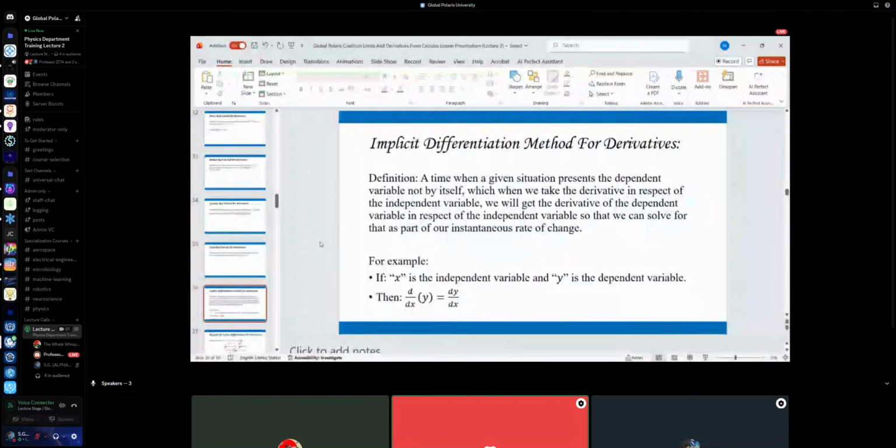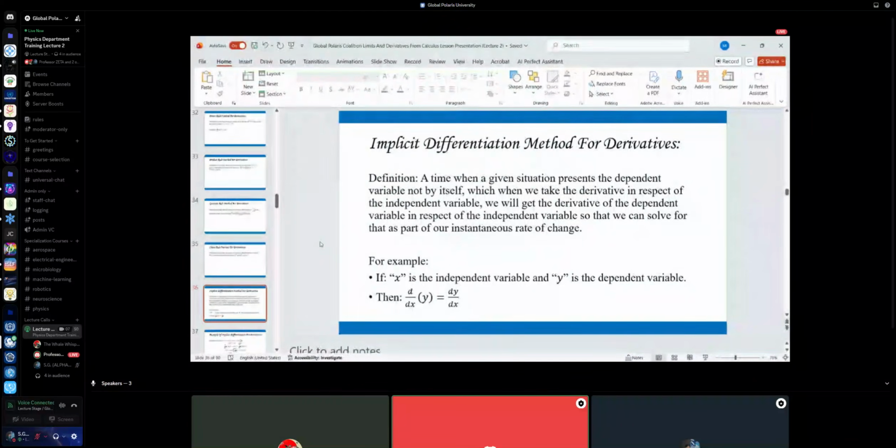Now implicit differentiation. Basically, you may be given a situation where the dependent variable is not simply equal to an expression of the independent variable. You might have a mixture of dependent and independent variables on one side, or on both sides, and so on.